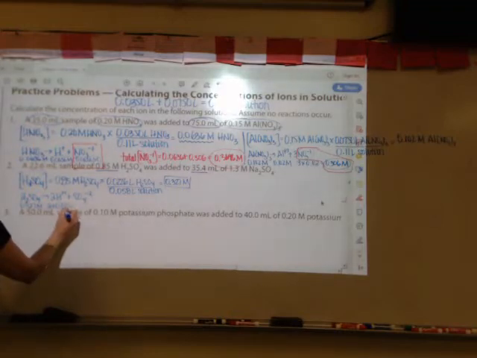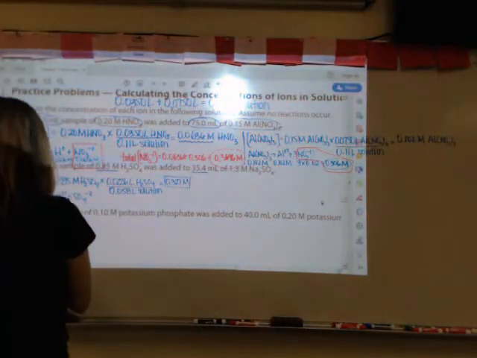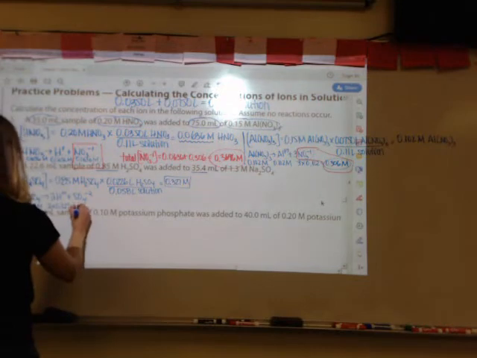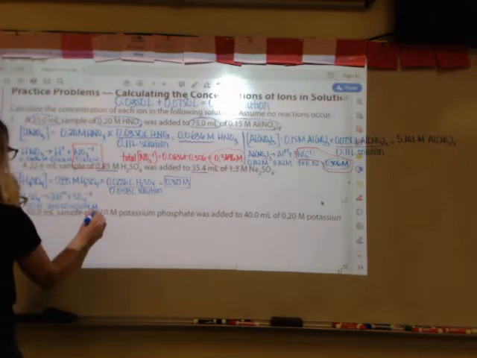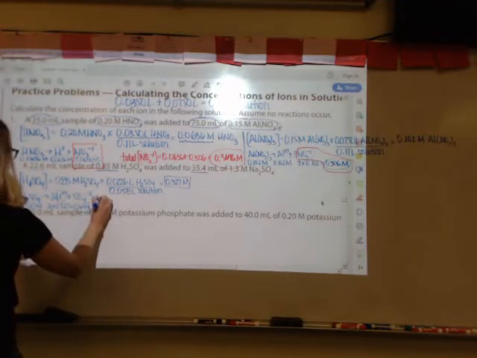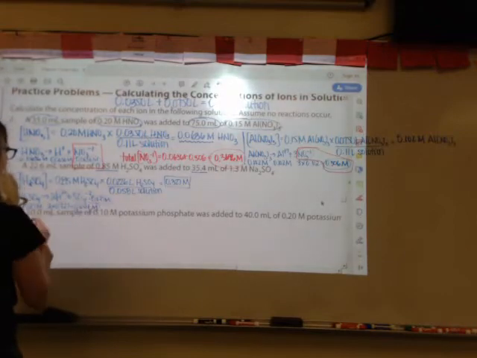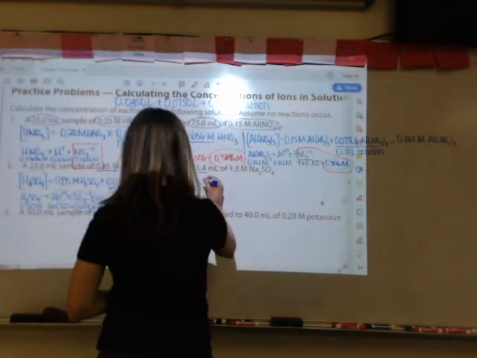Let's do this. 2 times 0.327 is 0.654 molarity for the hydrogen ion concentration. And the sulfate ion concentration will be the same as the original concentration of the solution because there's only one of those ions.